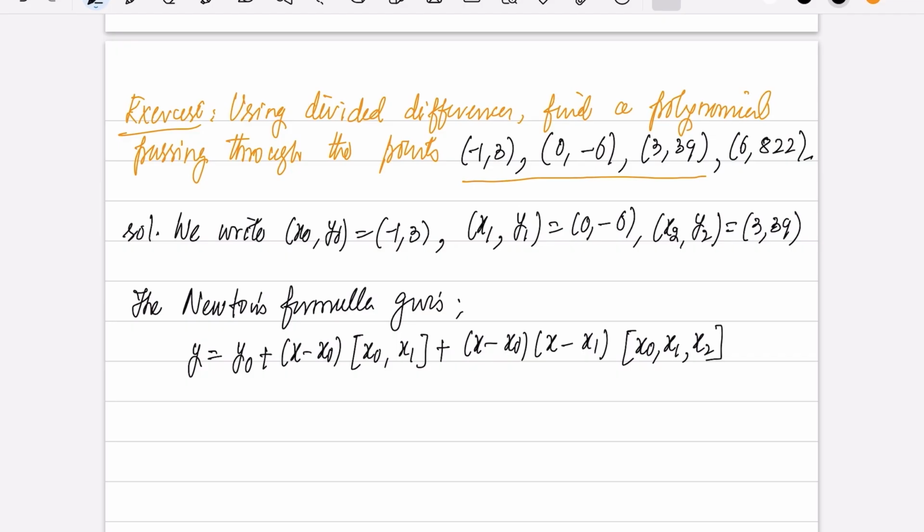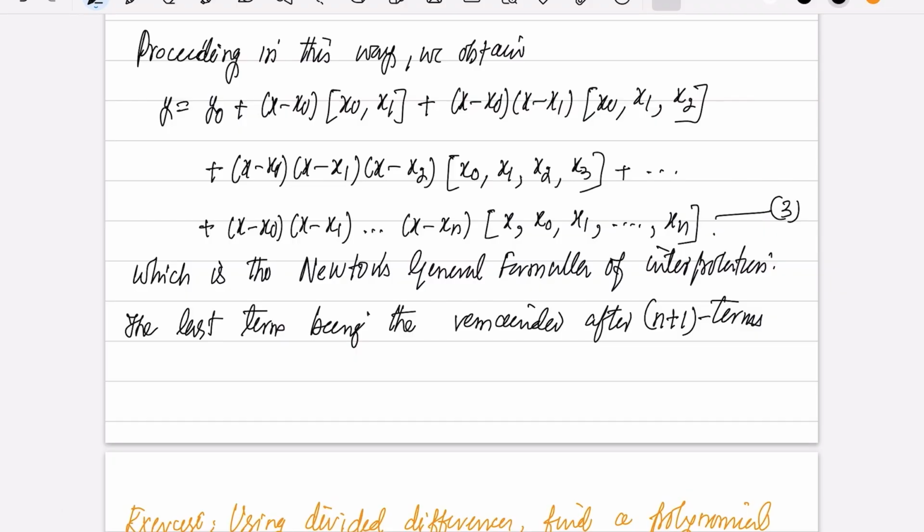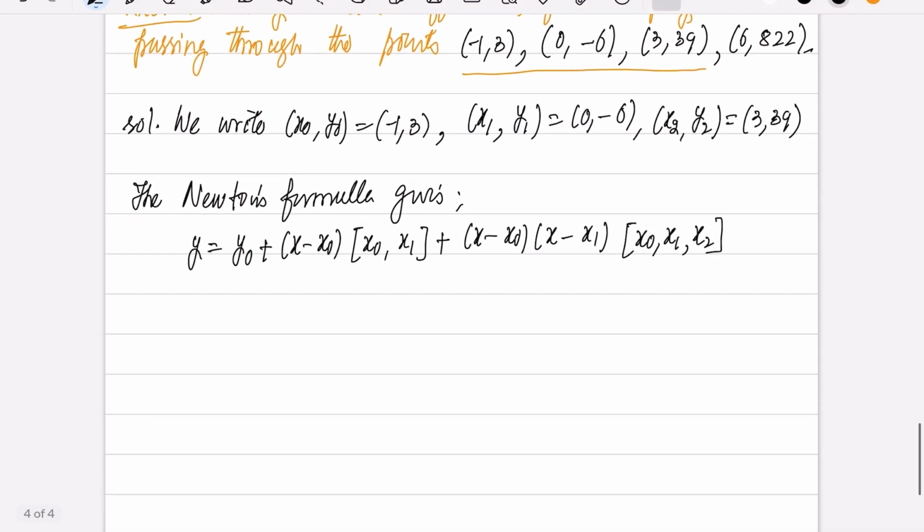We will not write the last remainder term which was given in equation number 3. The last term is just a remainder, we don't need to write it here. Now here we need to evaluate what is this x comma x naught and what is this x naught, x1, x2. So now let us begin by evaluating these.